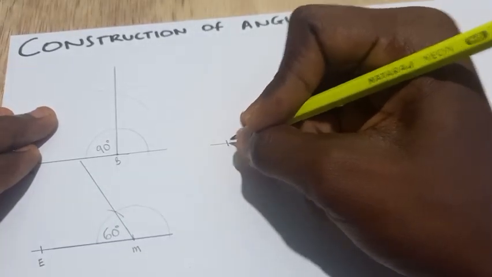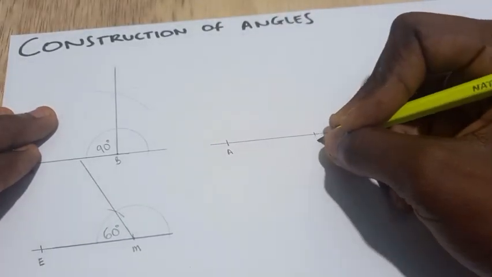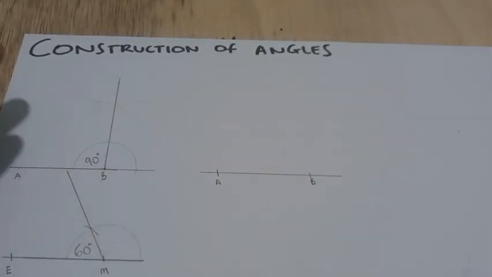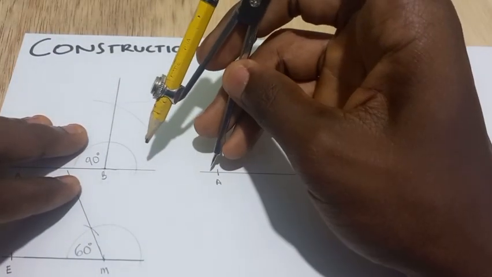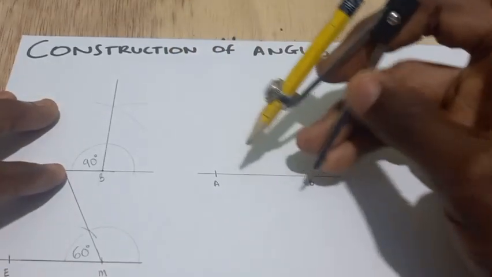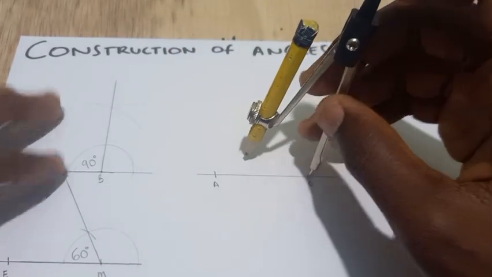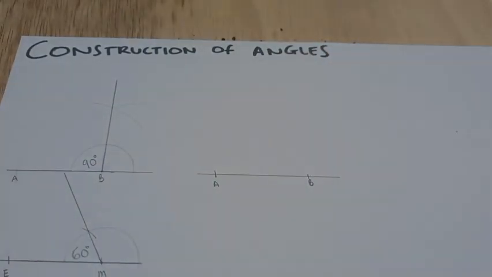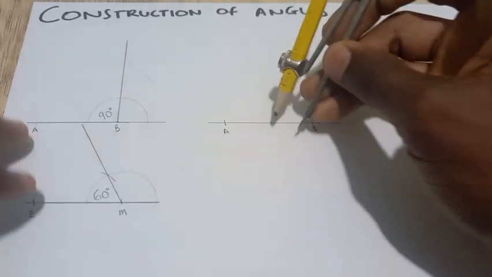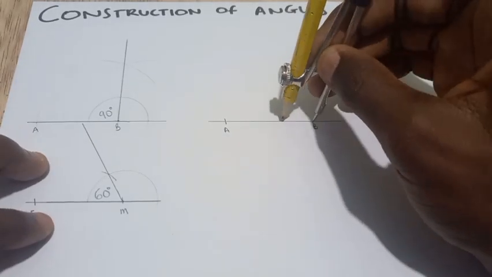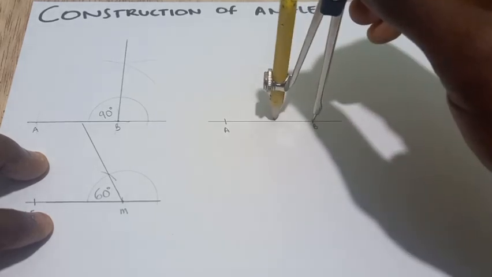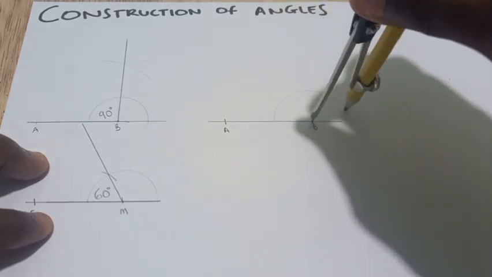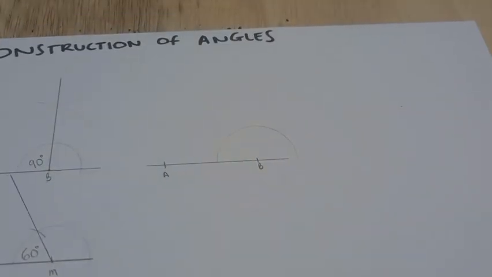We mark our points, let's say A and B, with 45 at point A. Let's make it B. So we arc. So we come and stand on the B and we arc. Pick your ruler, extend the line.